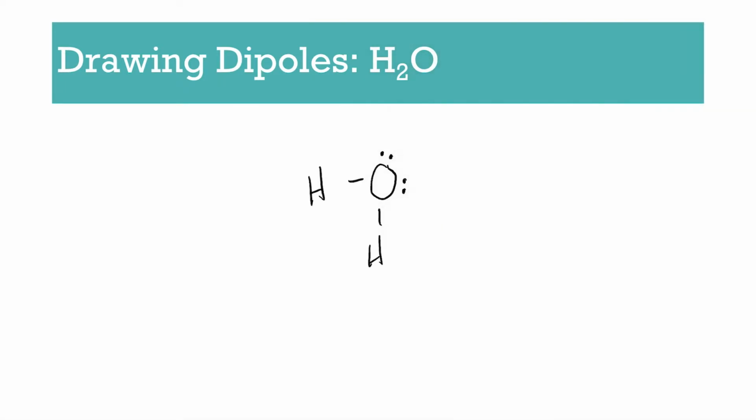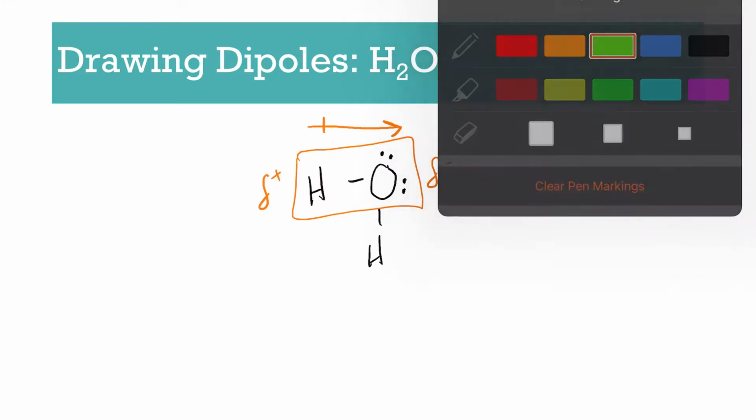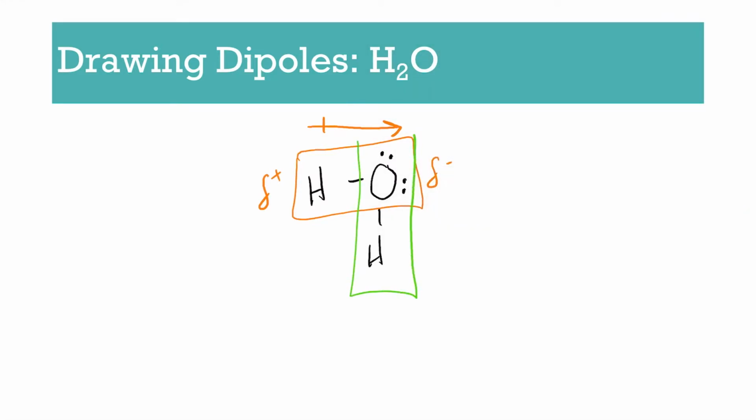And again, if we're going to look at individual pieces, we have this H and this O. So O is going to be our delta negative, H is going to be our delta positive, and our dipole is going to point towards the negative. And then if we have the green one, O is still going to be delta negative, H is delta positive, and so it goes up towards that O.